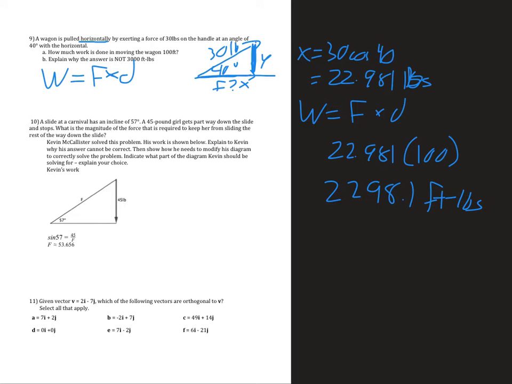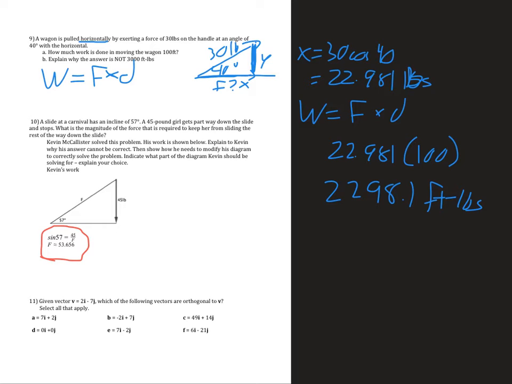Another kind of classic basic physics vectors problem is the force required to stop something from falling down or sliding down an incline. And so we've got our classic Math 4, Kevin McAllister. The first thing that the problem asks you to do is say, well, why is Kevin's answer incorrect? Kevin's answer is 53 pounds.